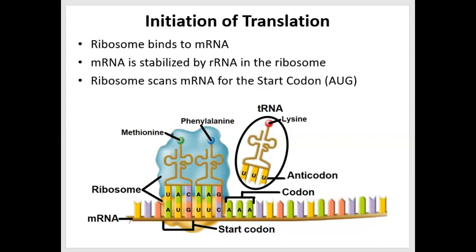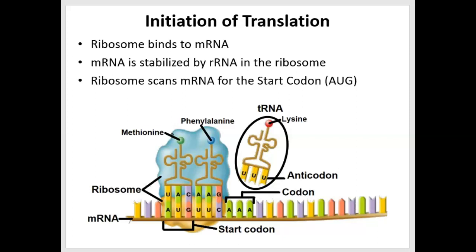Also notice on the transfer RNA that one amino acid, lysine, is attached. Lysine will always be on a transfer RNA that has this particular anticodon of UUU. That is because the codon for lysine in messenger RNA is AAA. So the transfer RNA needs to be complementary to that.